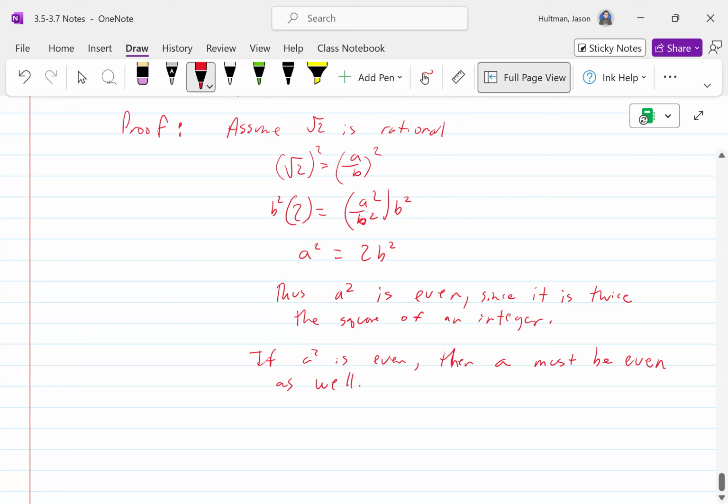Why is that? Let's think about that for a second. If a squared is even, then a must be even as well. Why is that true? Well, we kind of do this by exhaustion.